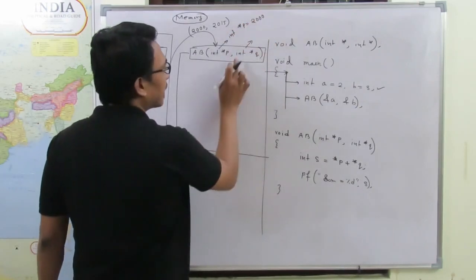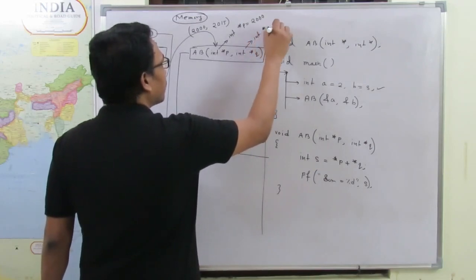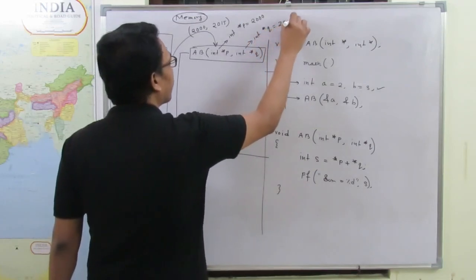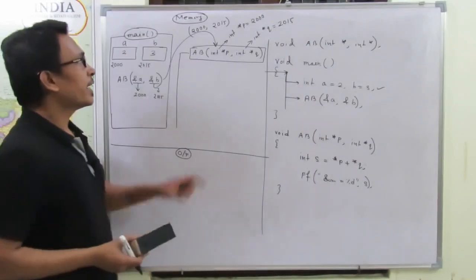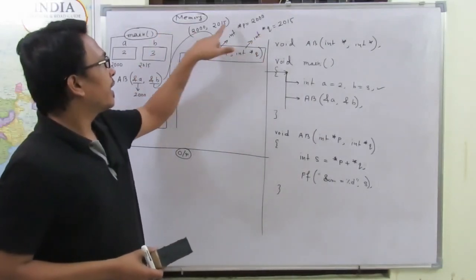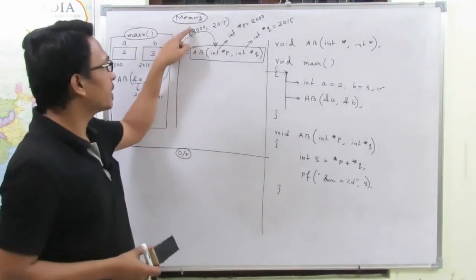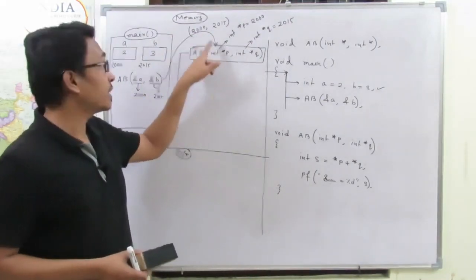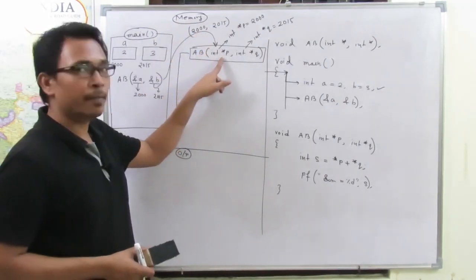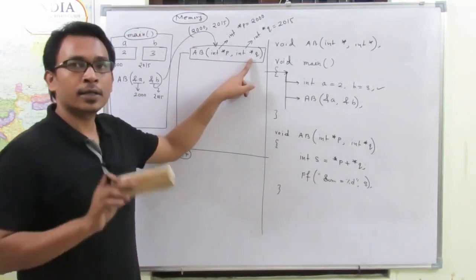The second becomes int *q = 2015. That means the first address will be received by the pointer p, the second address will be received by the pointer q.